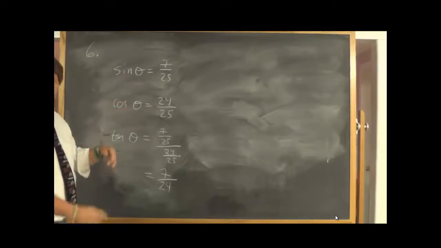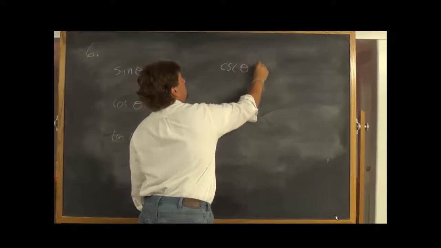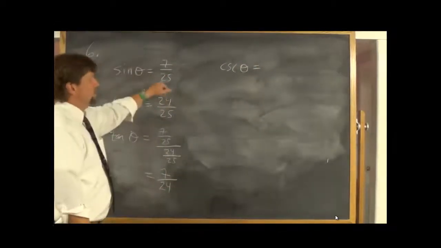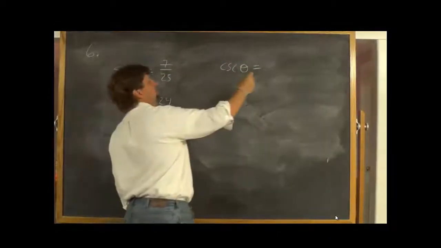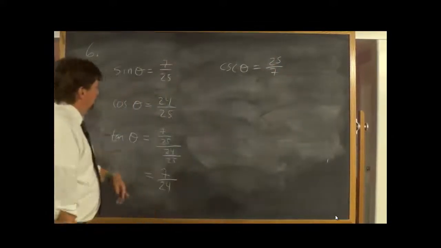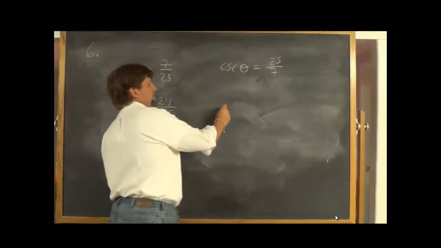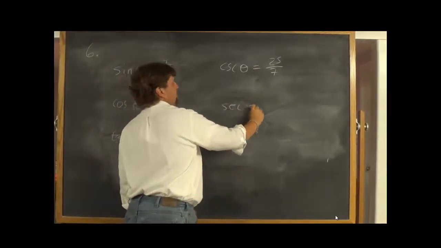If you know sine, it's a piece of cake to get cosecant. Cosecant is nothing more than the reciprocal of sine, so the reciprocal is 25 over 7. Cosine is 24 over 25. If you take the reciprocal, that gives you the secant of theta.